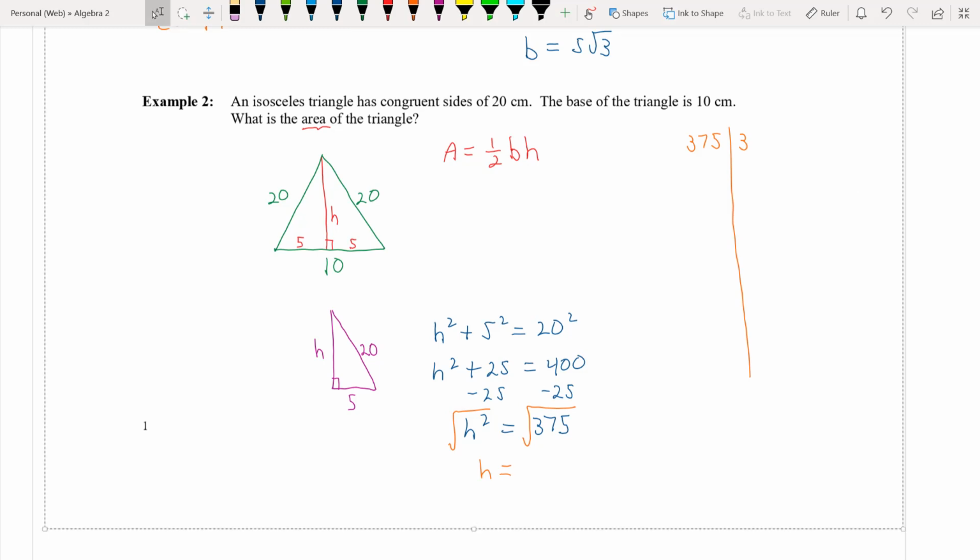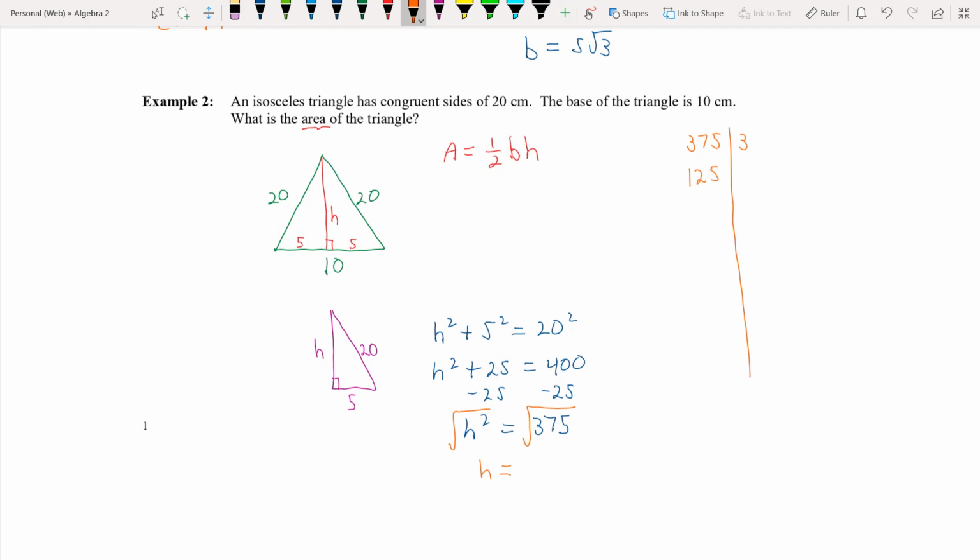375 divided by 3 is going to be 125. I don't think 3 goes into there, so I'm going to go with 5. 5 goes into 125 25 times. But you can also divide that by 5, which is 5. You can divide 5 by 5, which is 1. That's how I know I'm done. Now I've only got a single pair of 5s that can match up over here.